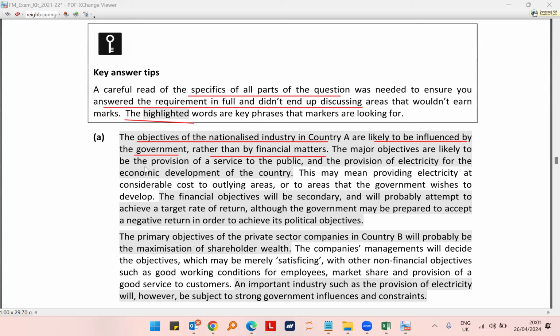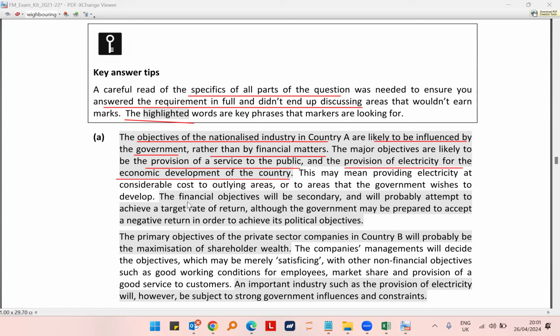So it's going to be provision of services to the public, provision of electricity for the economic development of the country. Which means going to cut to considerable cost to outlying areas, or the areas where the government wishes to develop. So they have to take those services there, even if it doesn't make economic sense.